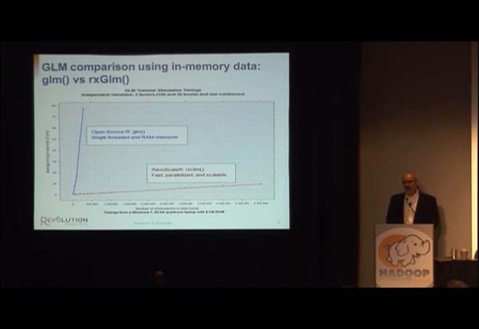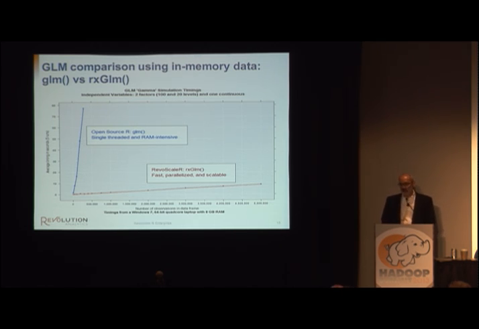Here's a similar comparison for now the generalized linear model, which is a much more complex model than basic linear models. And here again, we're comparing in-memory data running in the built-in GLM function in R versus our RxGLM function that we provide in Revolution RevoScaleR.